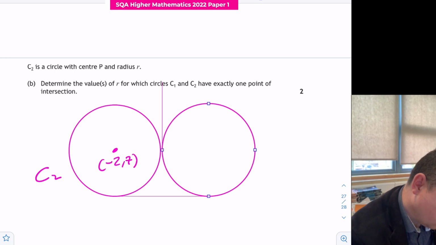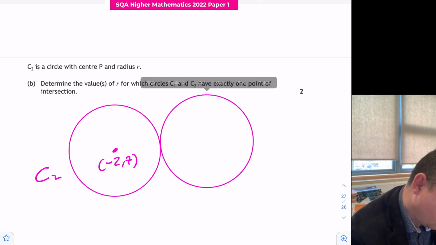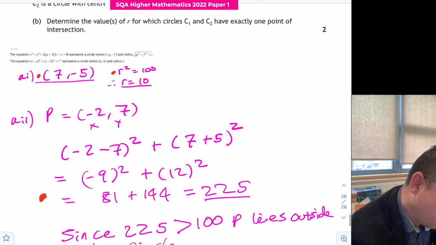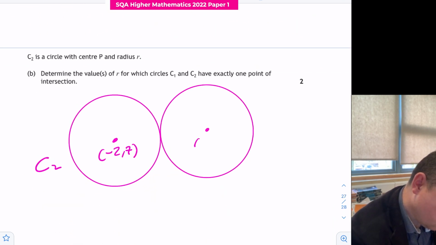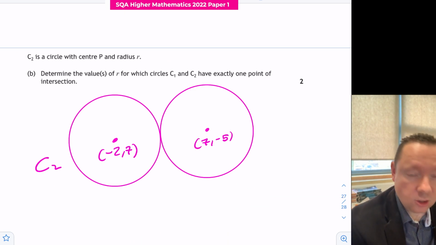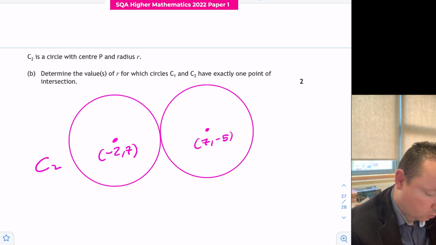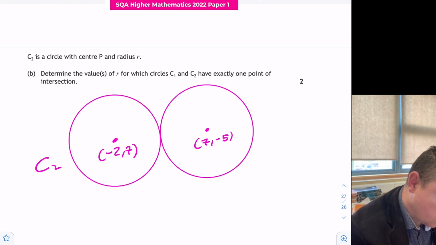If we move that over so it's touching, the centre of that circle was (7, minus 5). So if they're touching at 1 point, they're just touching externally, so that the radius R1 plus R2 would be the distance between the circles.